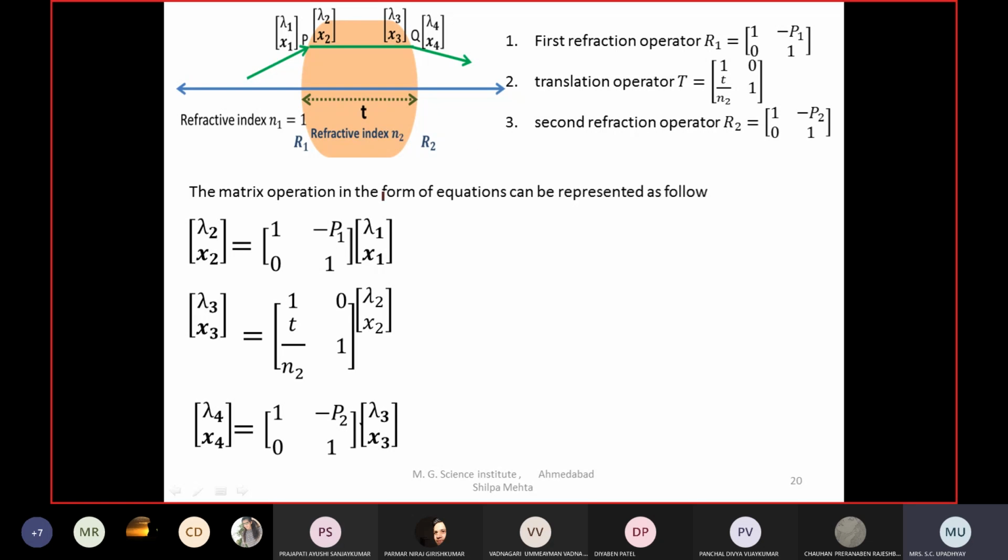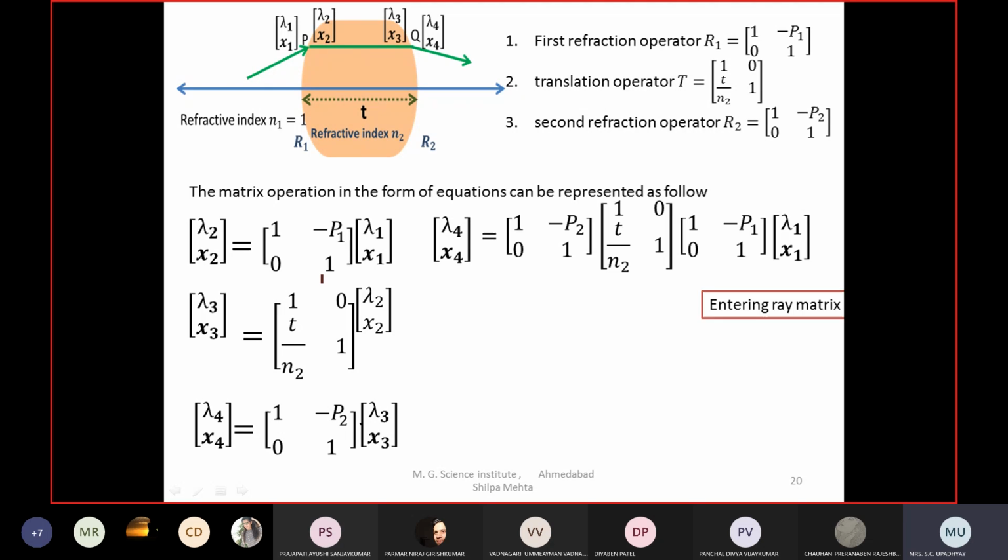So substituting all these equations in the last equation, ultimately we get lambda 4 x4 equal to [1 minus p2, 0 and 1] then [1, 0, t upon n2, 1] lambda 2 x2, but lambda 2 x2 is equal to [1 minus p1, 0 and 1] lambda 1 x1.